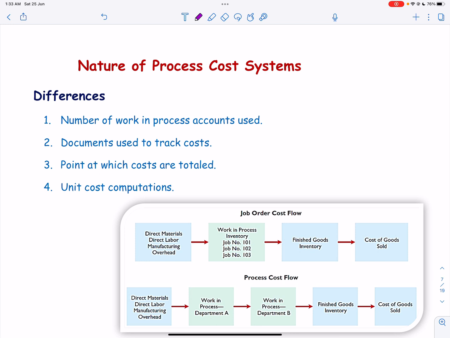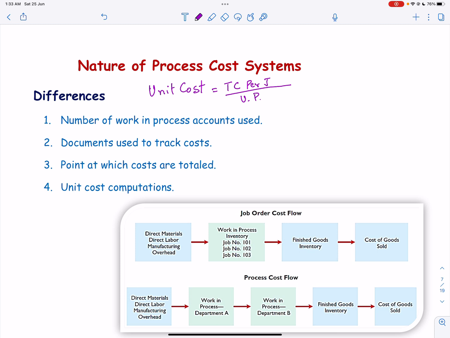In a job order cost system, the unit cost is equal to total cost per job divided by units produced.